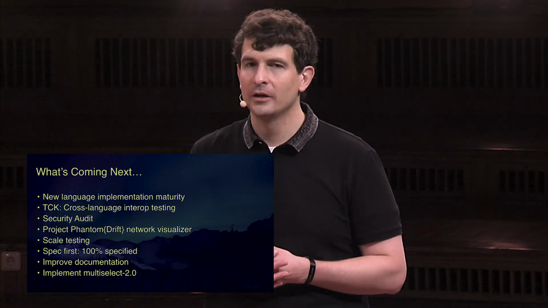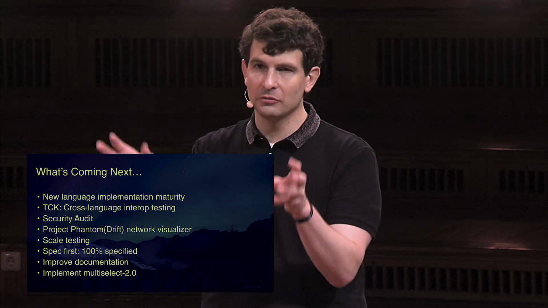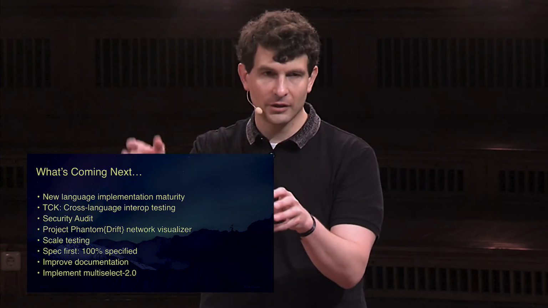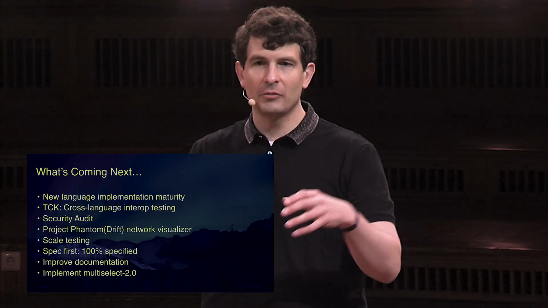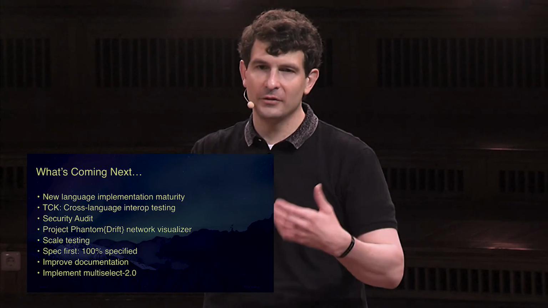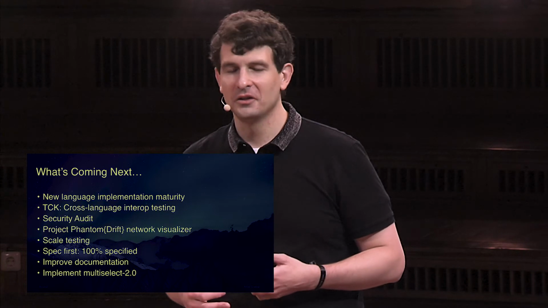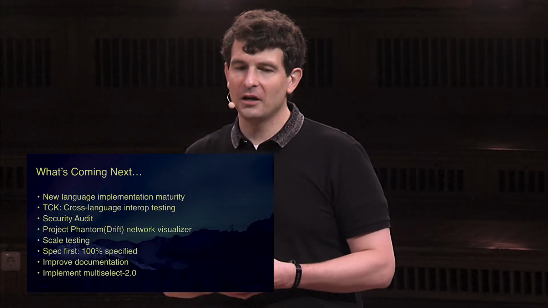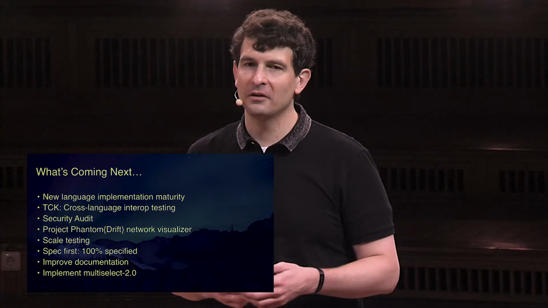This is vaporware. It's an idea stage project to build a visualizer for your entire libp2p network and make it easy for community members to add their own plugins and then visualize different aspects of the network that maybe we didn't think of when we built this. So this is something that's coming down the pike. Scale testing is a big focus right now.